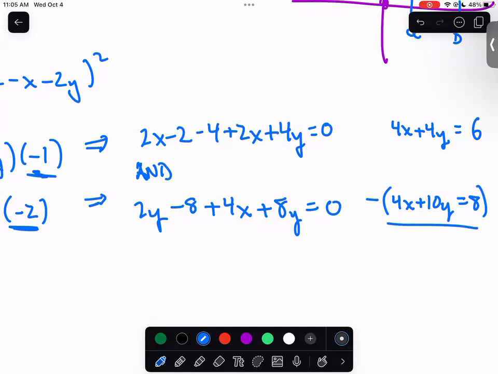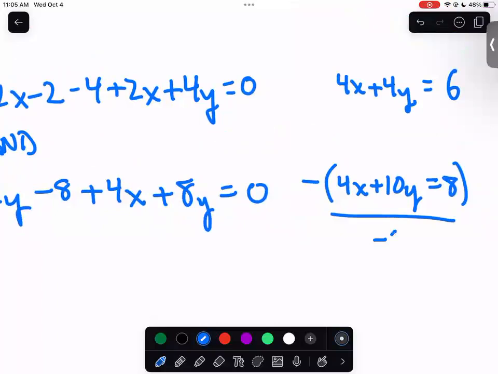So I'm going to subtract my second equation from my first. My strategy is that the 4x minus the 4x perfectly go away, and what I'm left with is negative 6y is equal to negative 2. This is very easy to solve for y. So I now know that y is equal to 1/3.